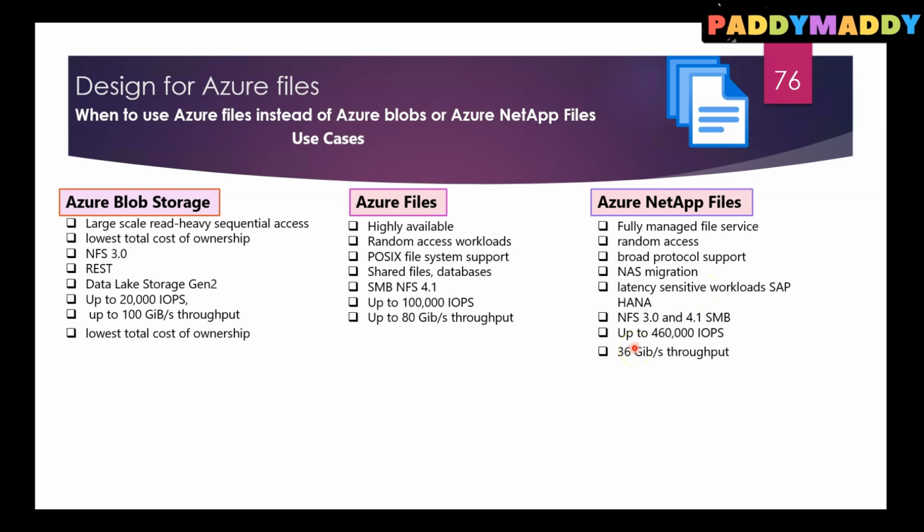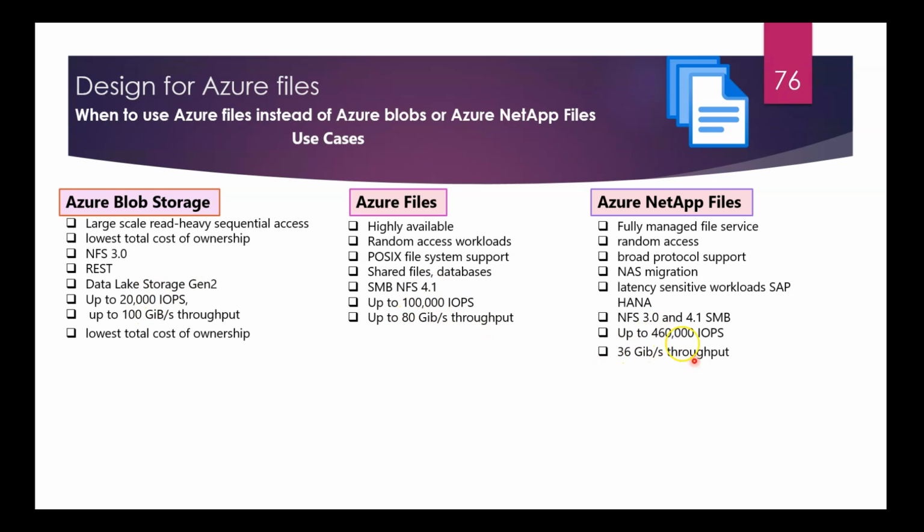So this is great performance for compute and workloads that require multiple protocol access. Then you would be using NetApp, and it's going to support NFS 3.0 and SMB 4.1. Coming back to performance per volume, it's going to support 460,000 IOPS, which is huge compared to the others. This one is just 20,000, and this is just 100,000.